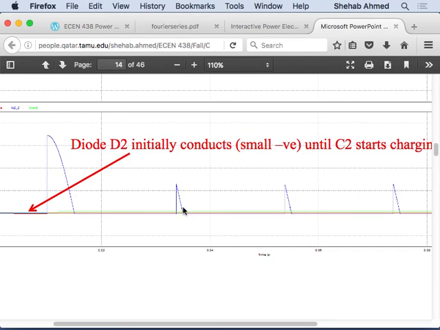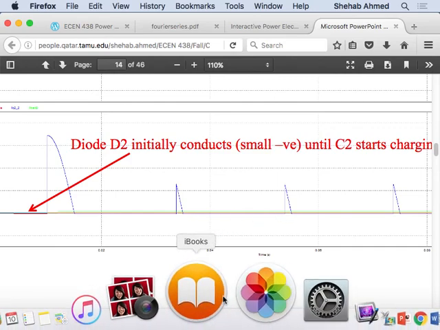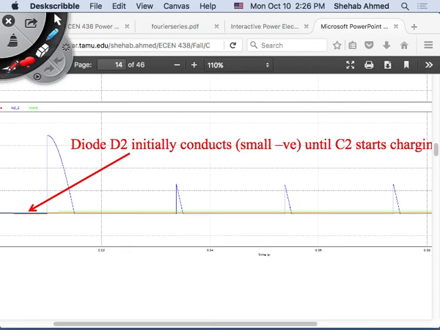There is a positive current, and then the capacitor is discharging through the resistor. So this is the exponential, and it's negative. Here I'm exaggerating. It's discharging through the resistor, right? This is capacitor current.